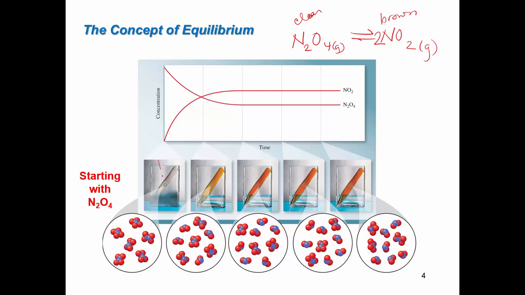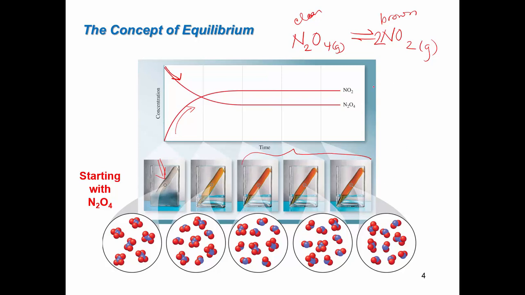So we start with our reactant that's clear, and over time our reactants diminish. The colorless diminishes as the brown increases, and over time we get to what's effectively a steady state. We're not making any more reactants than we are products.